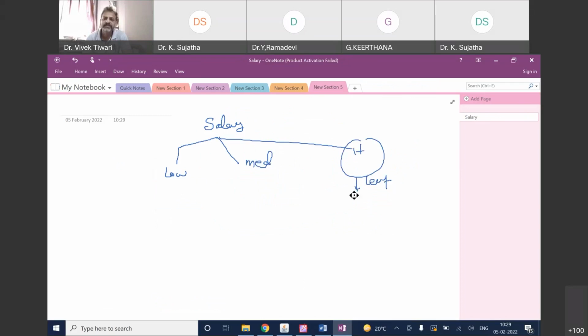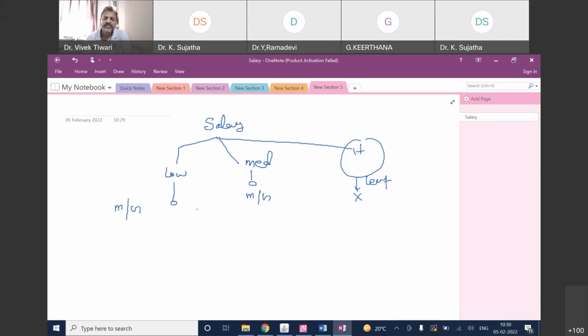Leaf means we don't need to further split. In the low, we have two options: either we select the marital status or gender. Here again, for the split, we have to select a particular node. I can select the marital status or gender.